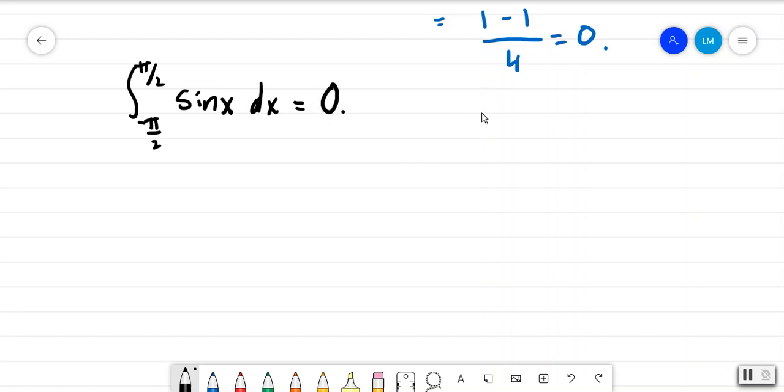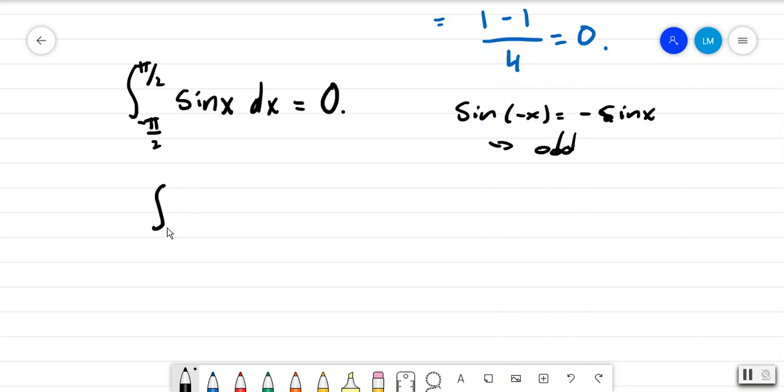One way that we know that is that sine of negative x is equal to negative sine of x. So I know that the function is odd. So in that case, when I integrate this, it is going to be equal to 0.